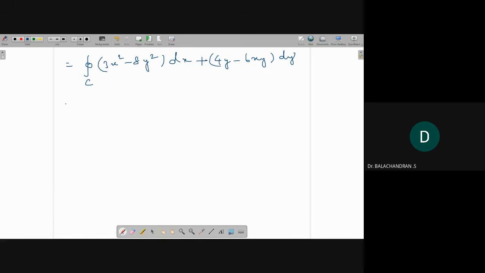Now I split this C into two parts, along C1 and along C2. So along C1, (3x square minus 8y square) dx plus (4y minus 6xy) dy.